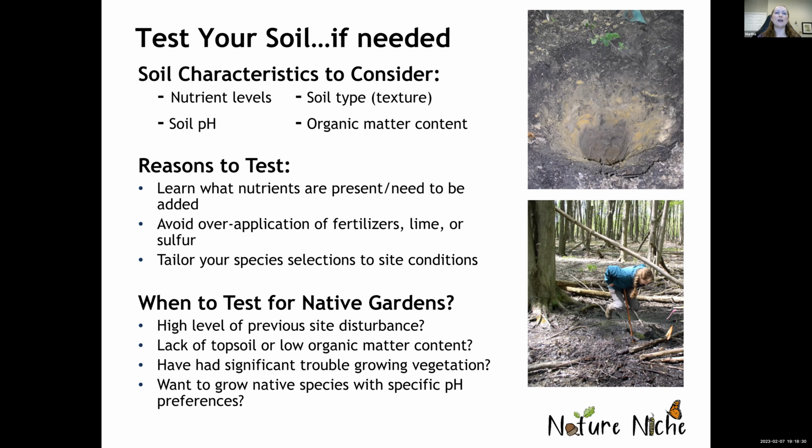It's also worth testing if you have your heart set on growing native species that have specific pH preferences. If the results don't show the pH you need for acidophiles, or isn't basic enough to support calciphiles, I would recommend, rather than trying to change it, picking species that are adapted to the site conditions you have.